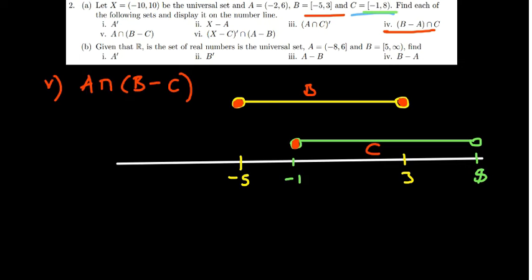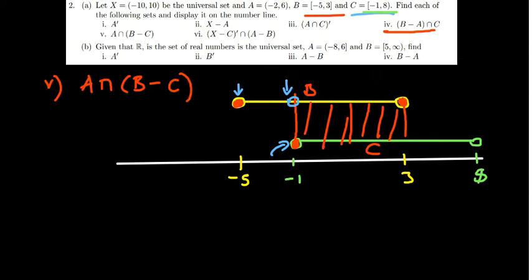Now if we are to find B minus C, what did I say? I said first of all shade the common region, the overlapping part. Now you're finding B without C, so remove that intersection region. What will remain of B is the answer. So B will remain from that point to that point. Since this part is shaded, it is going to be taken away from B, so B will be unshaded at that part.